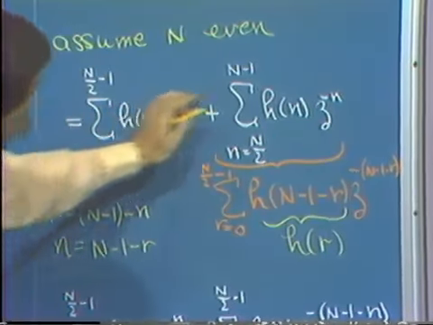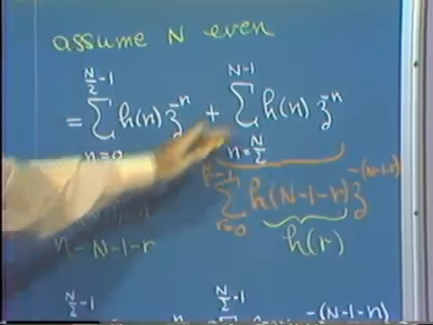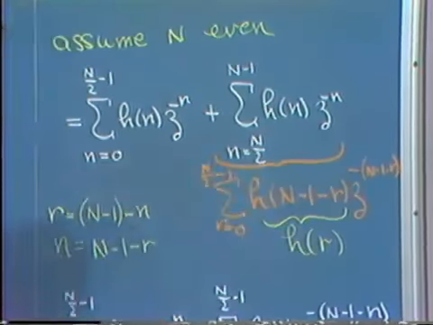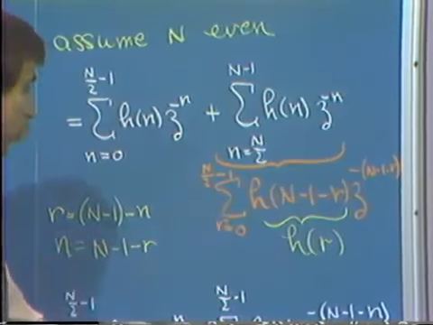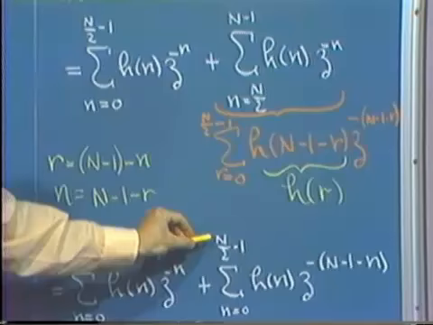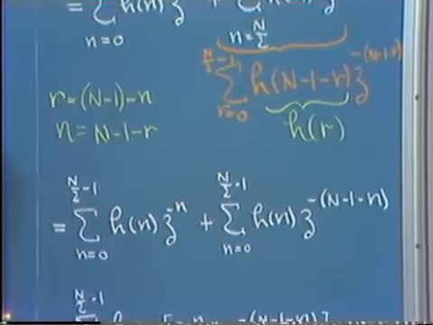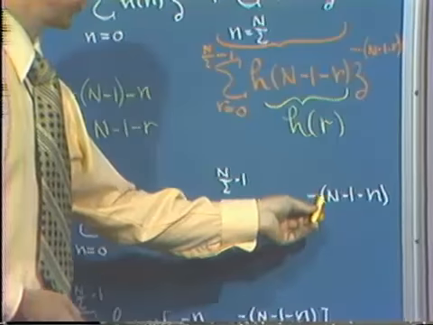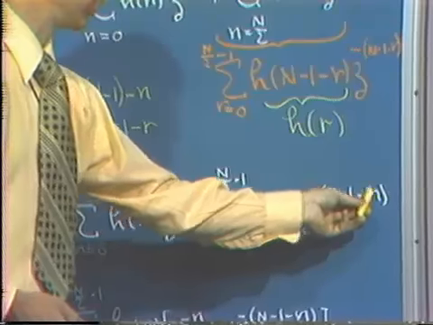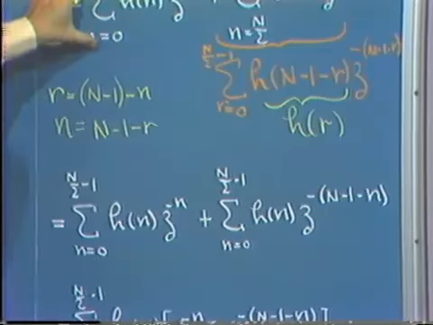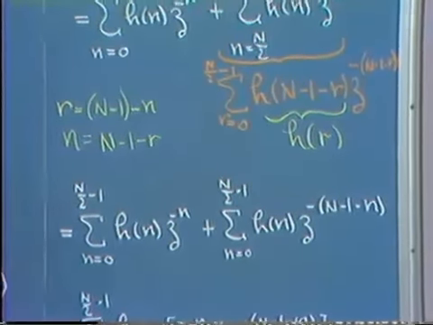So rewriting this one in terms of a summation on n, this becomes the sum from n equals 0 to capital N over 2 minus 1, h of n, z to the minus capital N minus 1 minus little n. This sum, of course, stays the same.